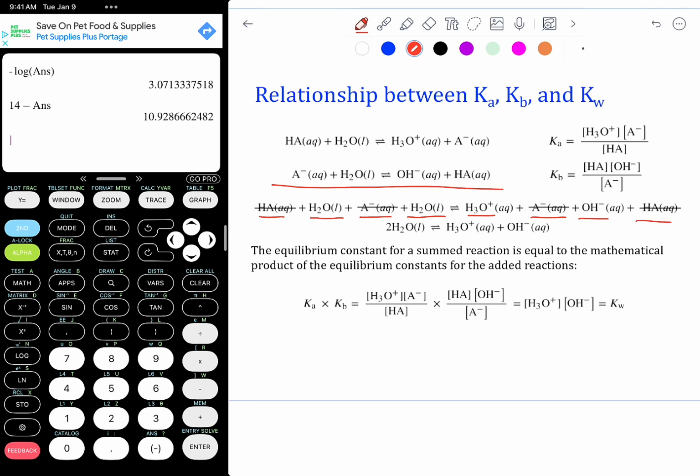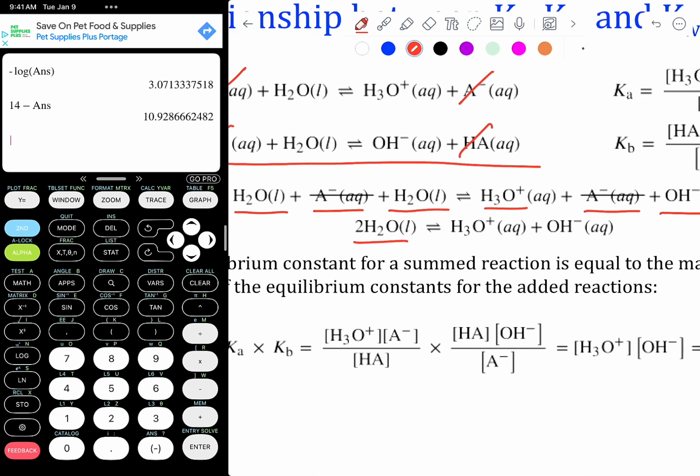And as we know from Hess's law, anything that's the same on opposite sides of the arrow can be canceled out. So A minus can be canceled out, HA can be canceled out. And we're left with the equation 2H2O in equilibrium with H3O plus and OH minus.